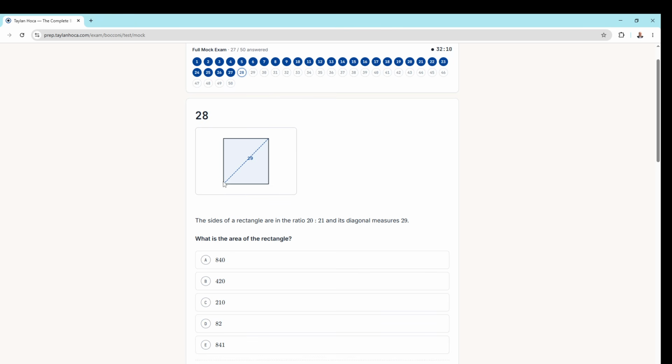I'm summing the squares, 841, and 29 squared, is that 841? Okay, 8, 4, 1. Yes, so it is a 20, 21, 29 triangle, it fits. So I multiply 20 and 21, which gives me what? Yeah, 420, right? Okay.